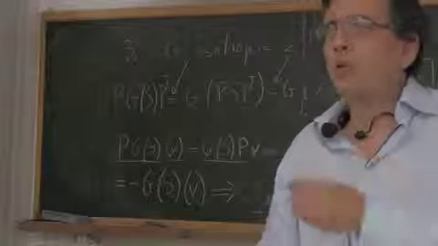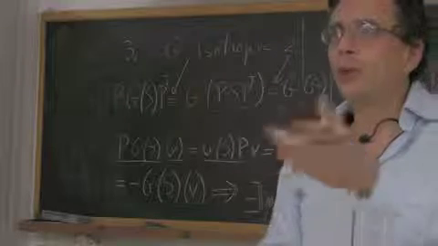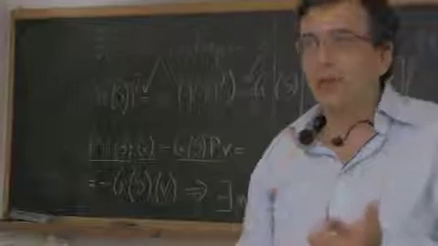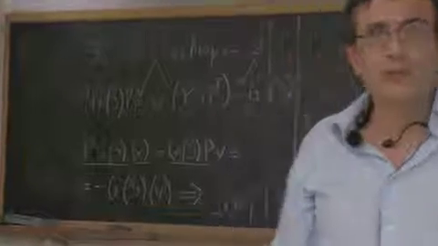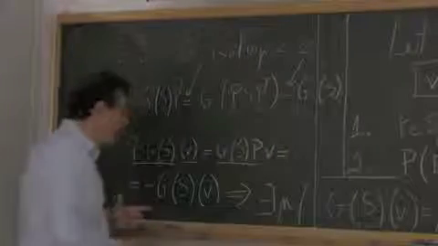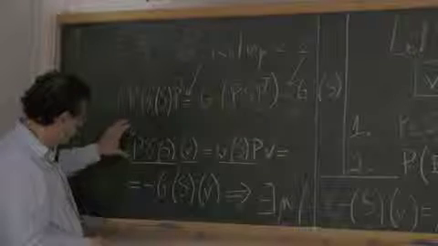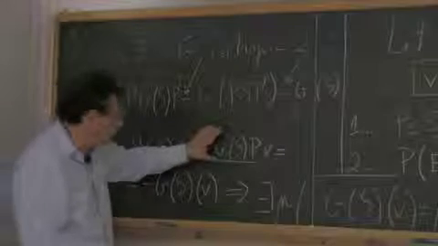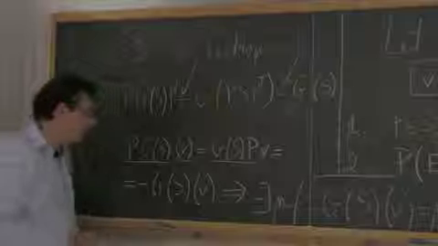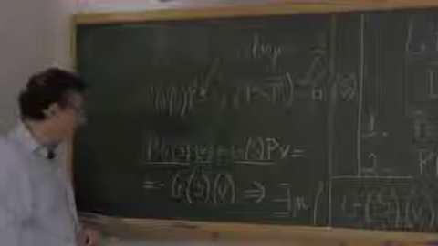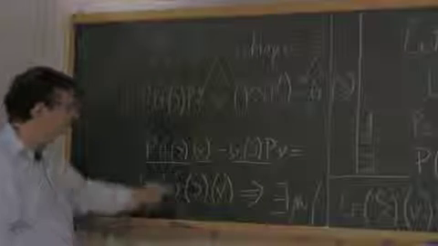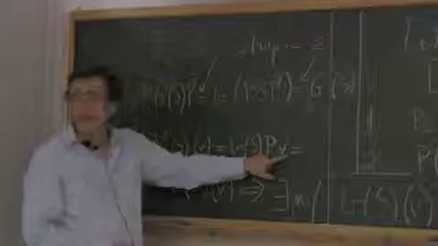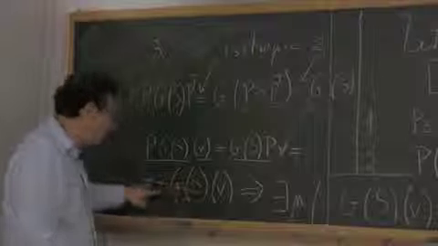So when you want to commute the factors of a product, you need to be sure that you can do it. Otherwise this is very simple algebra. So PGV is equal to GPV. And then PV is equal minus V.